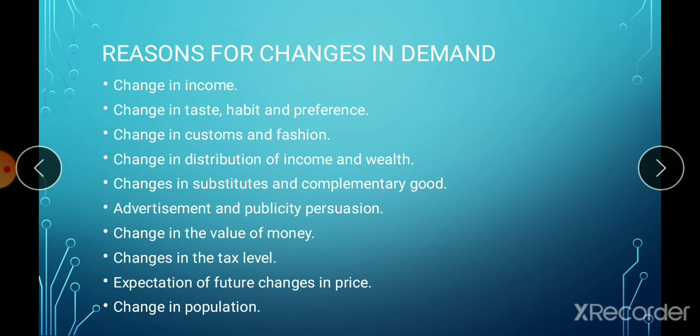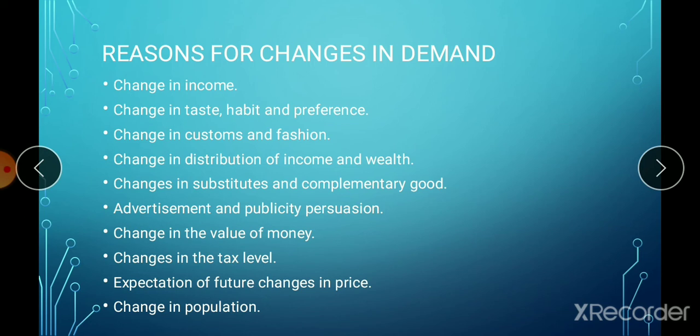By inflation, the prices of the relative goods may increase, so that changes the demand pattern. For example, if in the economy there is inflationary bias, the prices of goods and services increase. So the people are not ready to buy goods and services at a high level. So the demand decreases. In this way, the demand pattern changes.